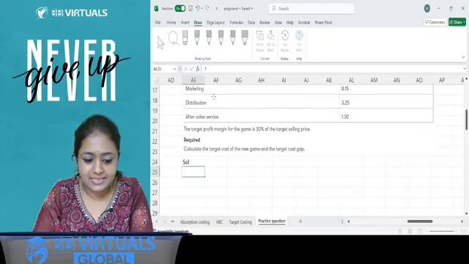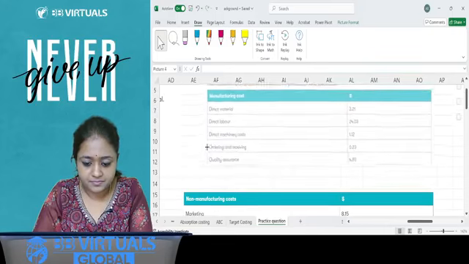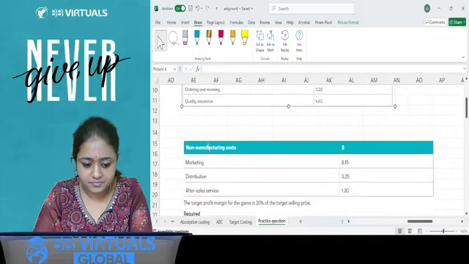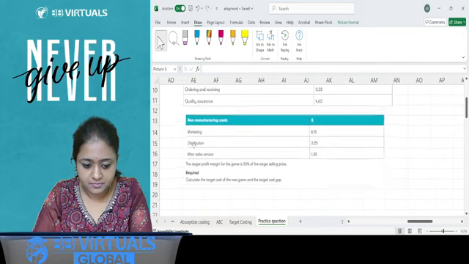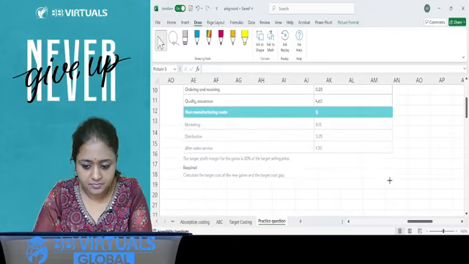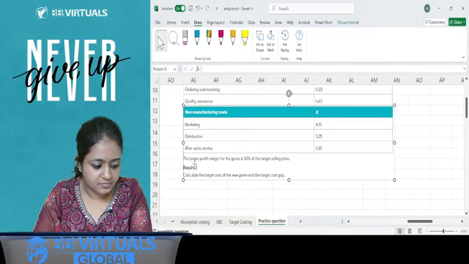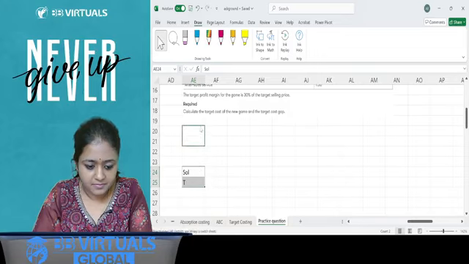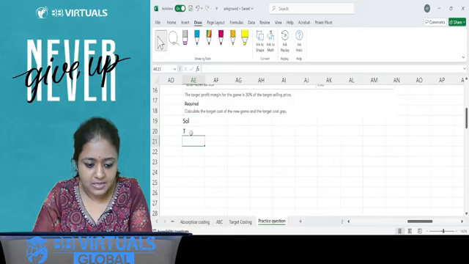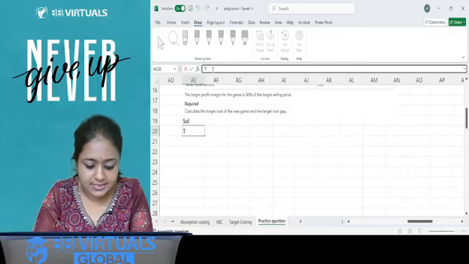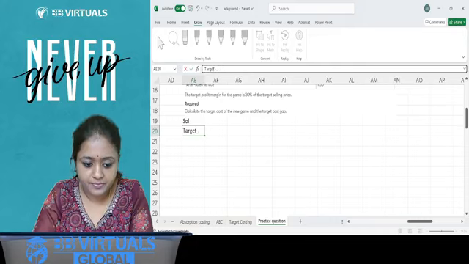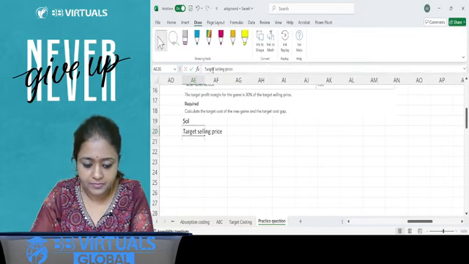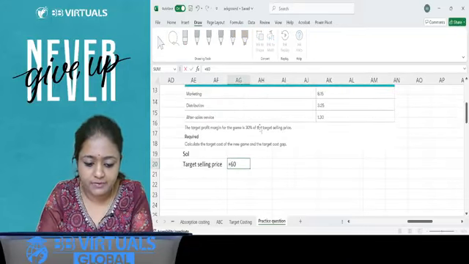My target selling price is 60, given to us.